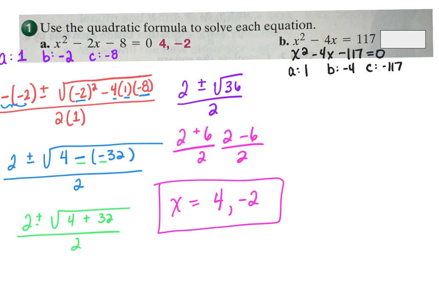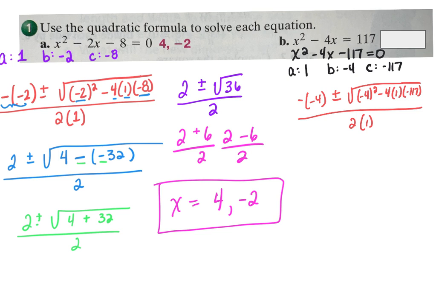And then I am just going to plug it in. Negative B plus or minus the square root of B squared minus 4 times A times C all over 2 times A, right? And then I am just going to do order of operations.